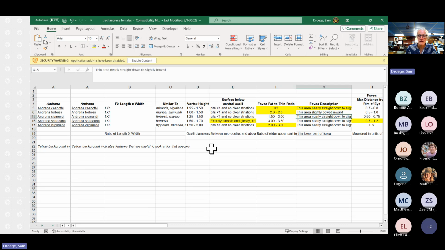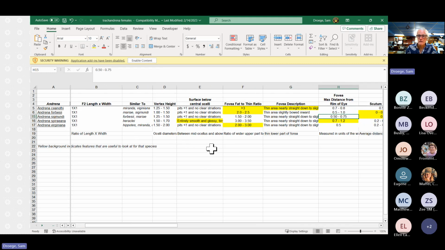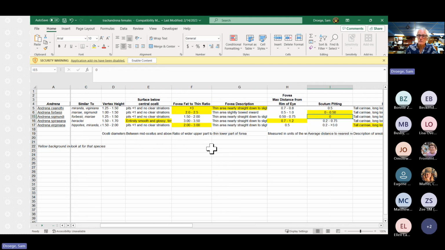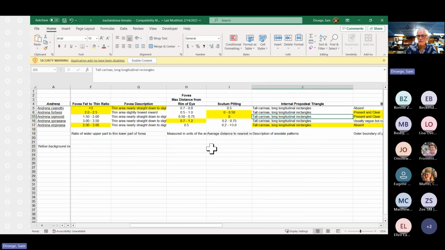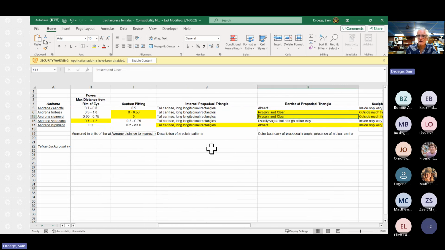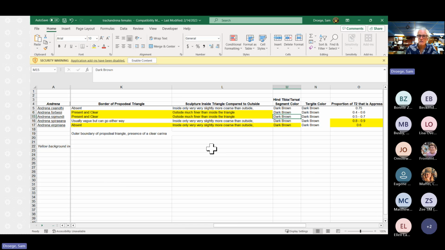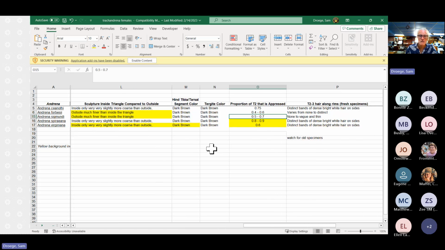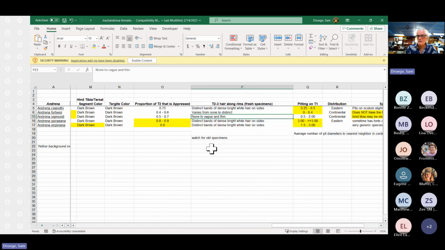Pretty much the same, pretty close, they're overlapping. Yep, overlap, pretty overlappy. Scutum pitting says 0, 0, all very much overlapping.